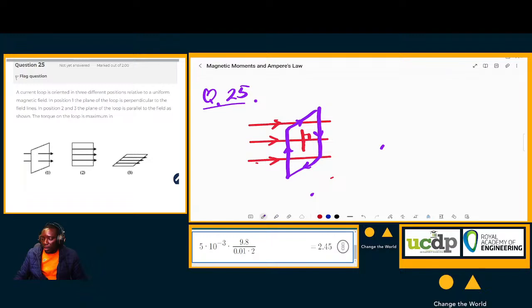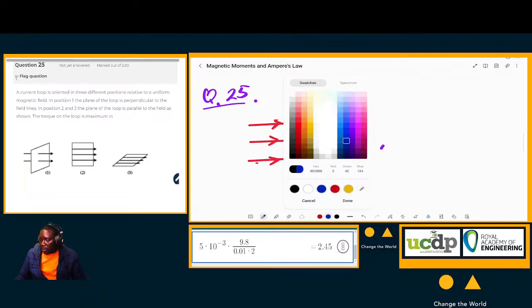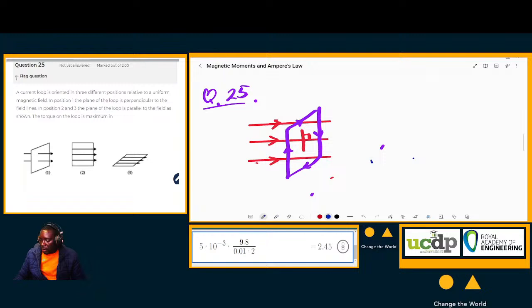We have a force from the top part of the loop, which is in this case field, current, and the force is downwards.